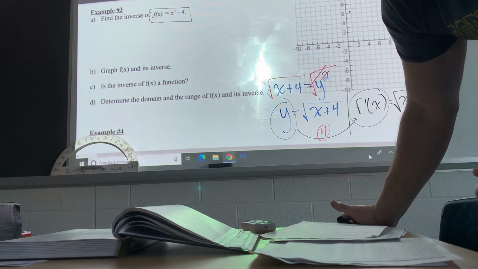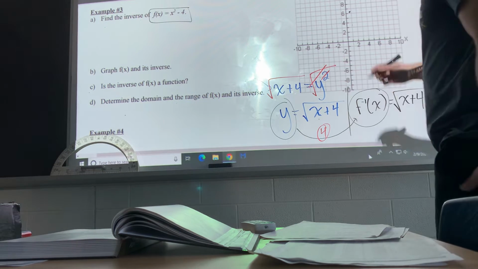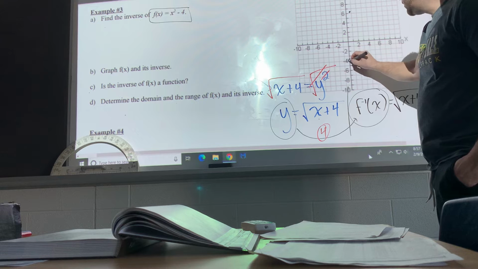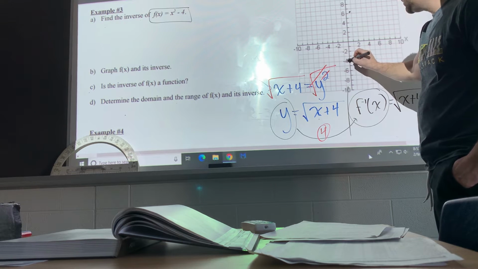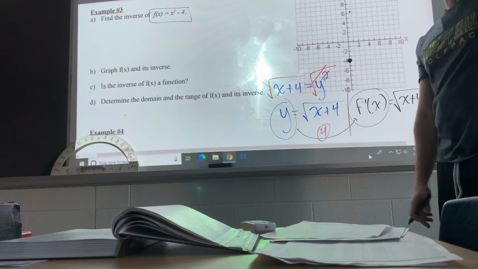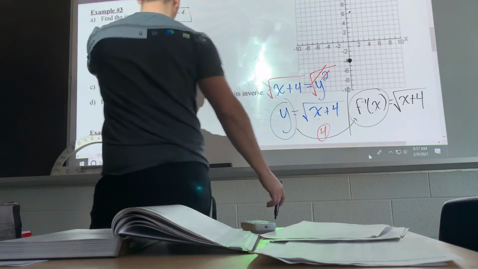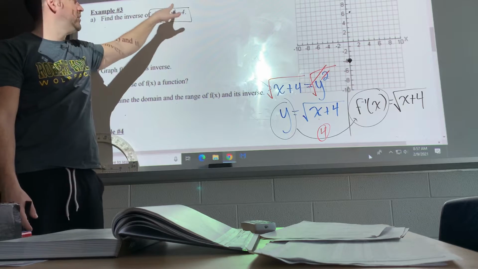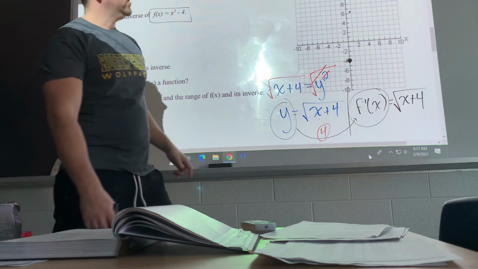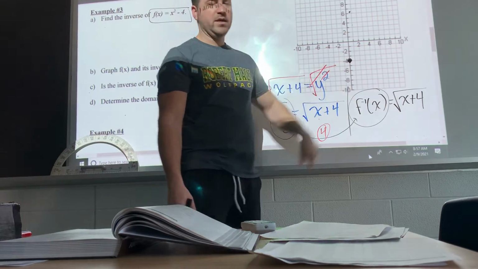It starts at -4, good. So on the y-axis, right? So we move down 4 spots. Instead of being at 0, 0, it's now at 0, -4. If you're not sure, plug in 0. 0 squared is 0, minus 4 is -4. So we have it here at -4.